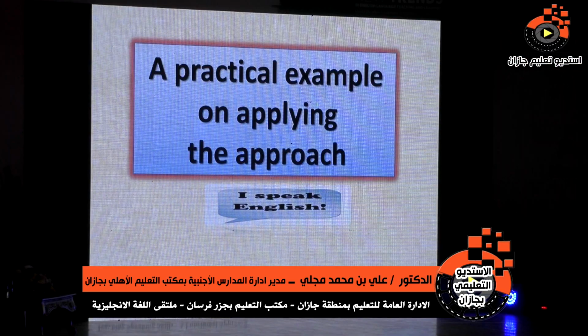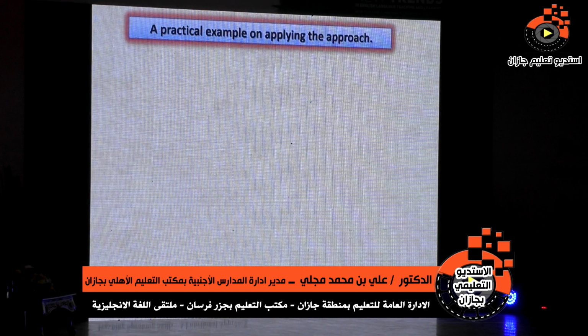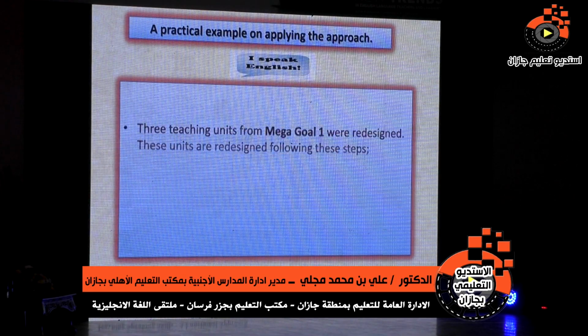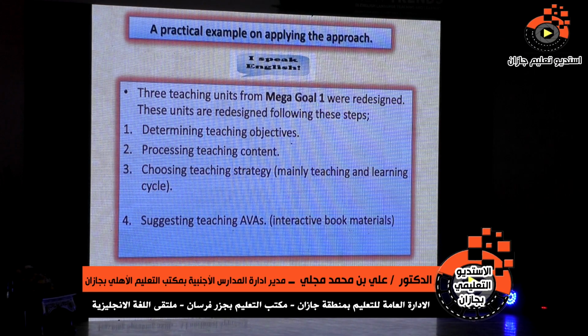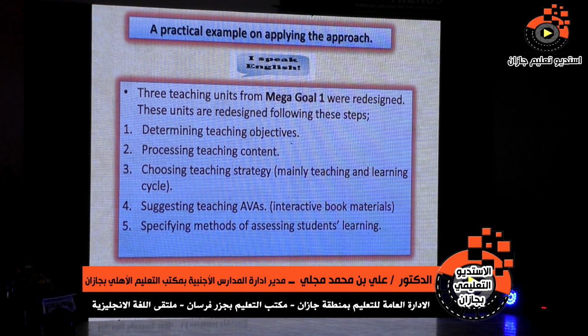Okay, so now I provide you with an example taken from Mega Goal 1. And these 6 points are the points through which we can redesign our currently used textbooks to make them easy for our teachers and our students.